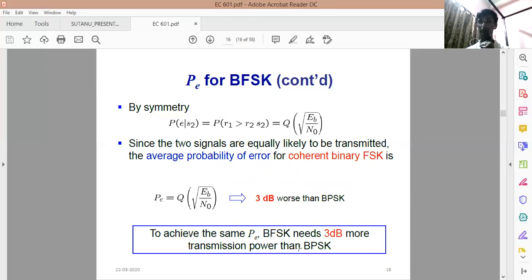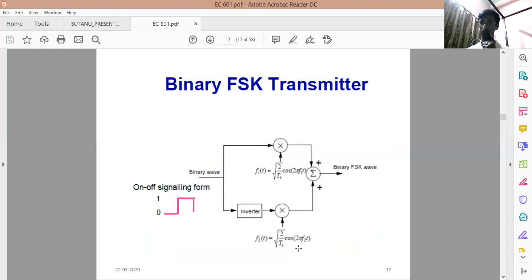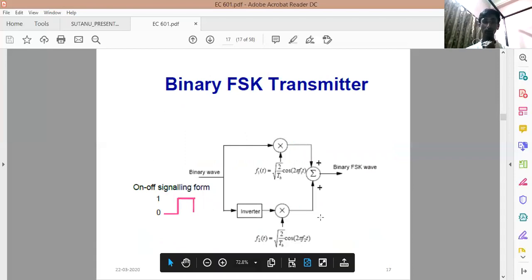So as compared to BPSK, BFSK needs 3 dB more power, meaning when it gets more power, it will perform like BPSK. Sorry. When I'm talking about the BFSK transmitter, this is the BFSK transmitter. Already I've discussed it in the previous classes.